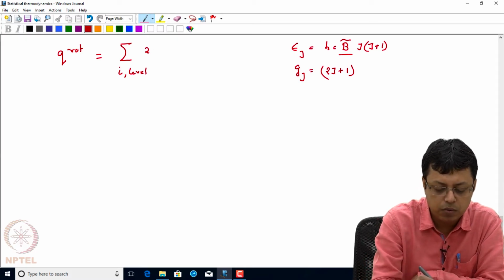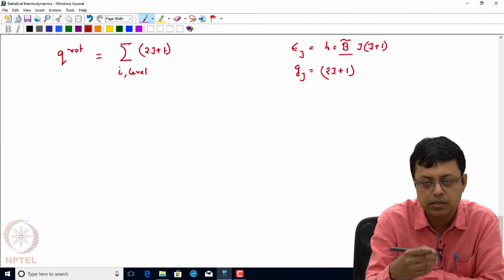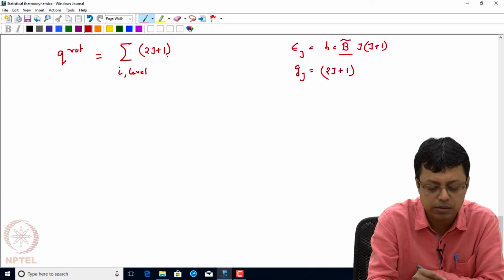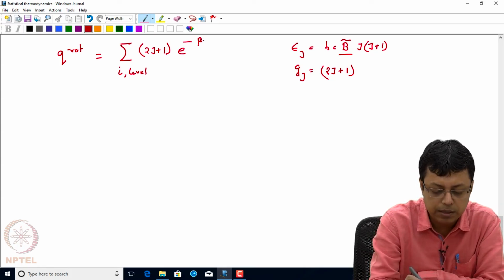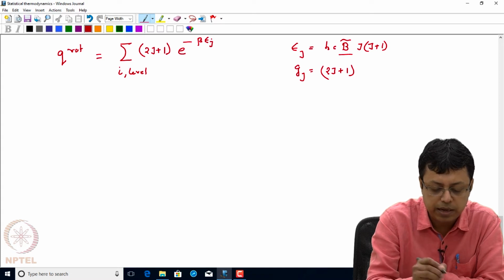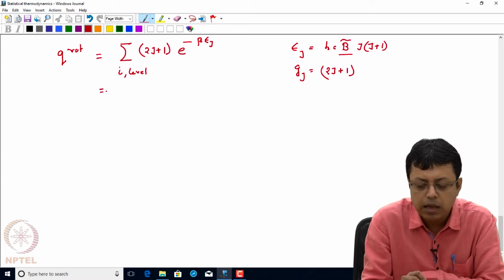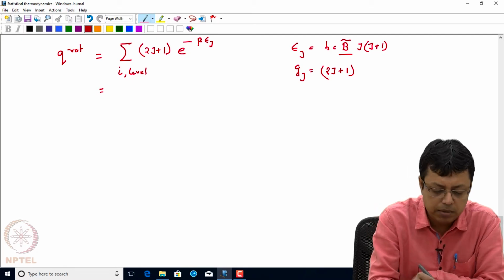So we can use the same formula, but we have to make sure that we are taking the sum over levels: e to the power minus beta epsilon_J, summed over capital J, with the degeneracy 2J+1.